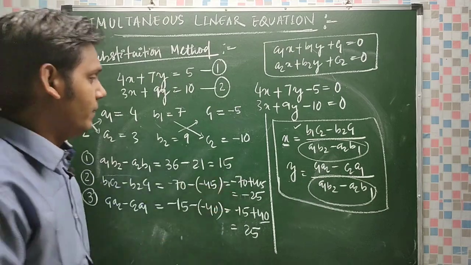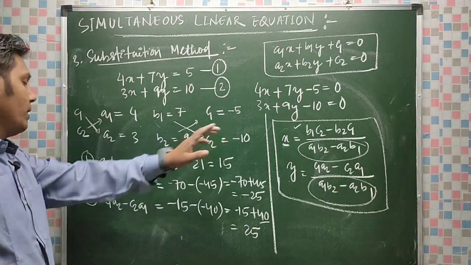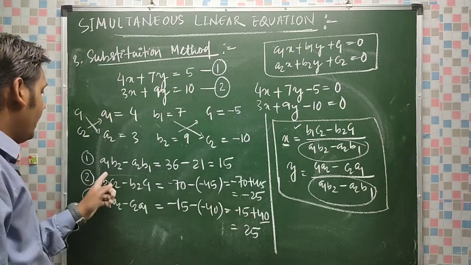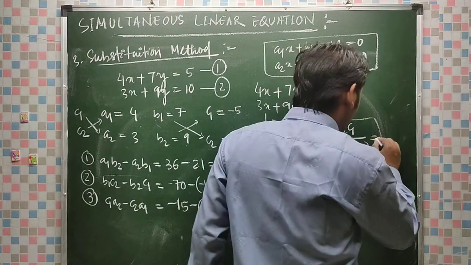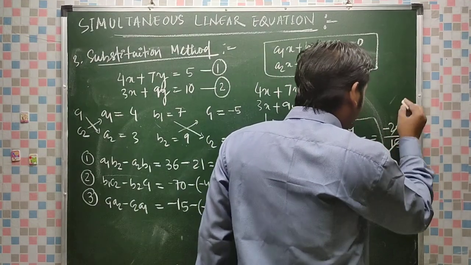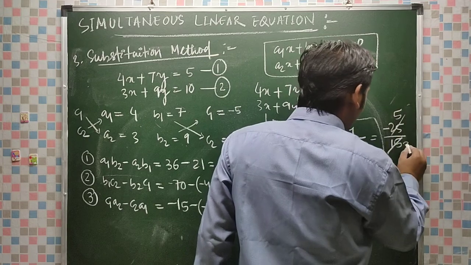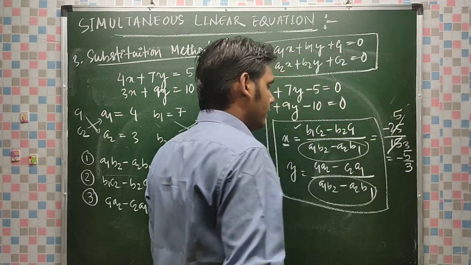Minus 25 by 15. This one is b1 c2 minus b2 c1, so minus 25 by a1 b2 minus a2 b1, which is 50. So minus 25 by 50, that is minus 5 by 3.